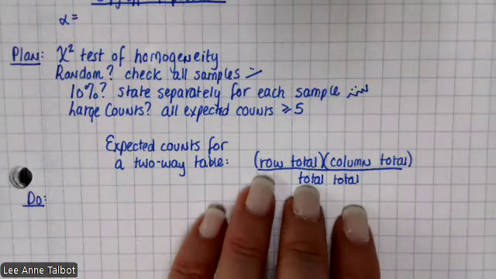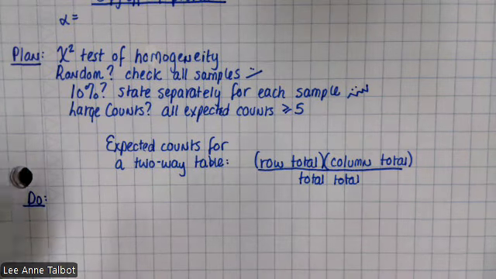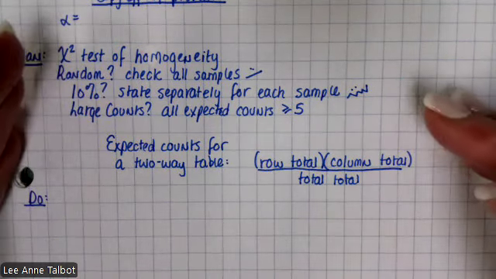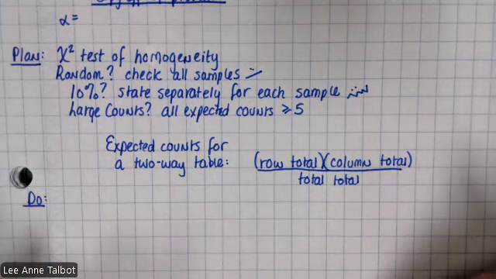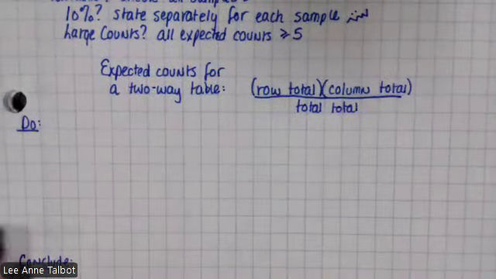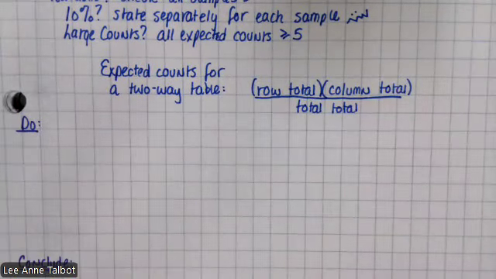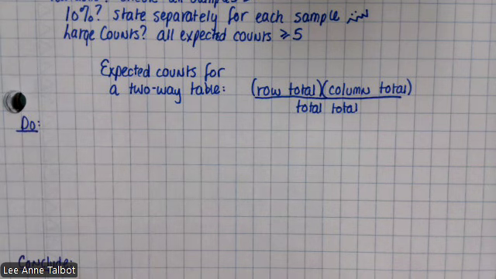This might not make any sense to you until we actually do one. To be honest with you, through the do step, some of this stuff isn't going to make sense, because we actually have to get a calculator out and really do it for us to understand. But we're going to write down what we're going to do for now, and then go to the calculator and practice it. It'll make way more sense then.